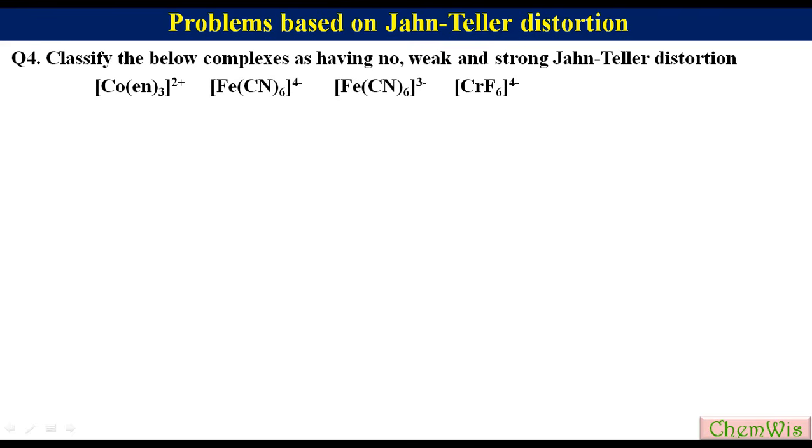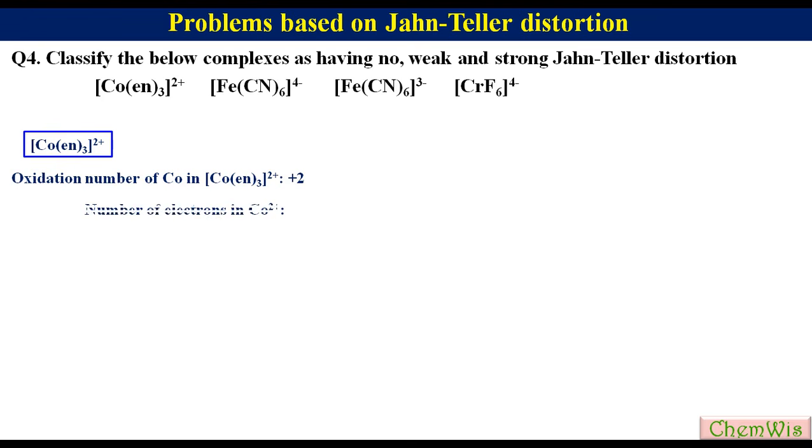Question number 4. Classify the below complexes as having no, weak and strong Jahn-Teller distortion. Let's take one by one. [Co(en)3]2+. The oxidation number of cobalt in this complex is +2.